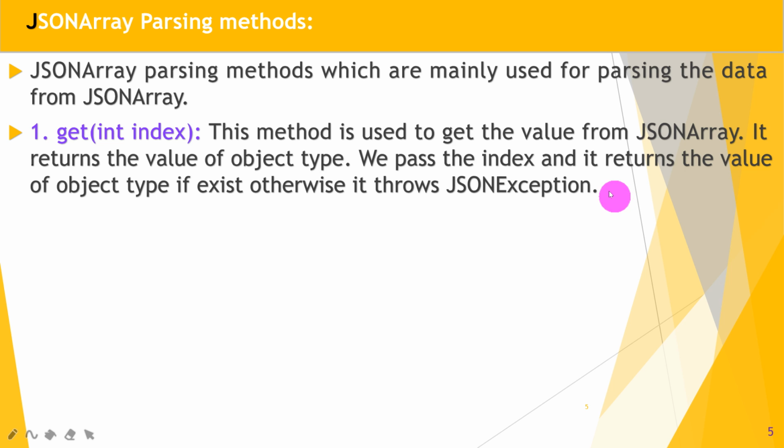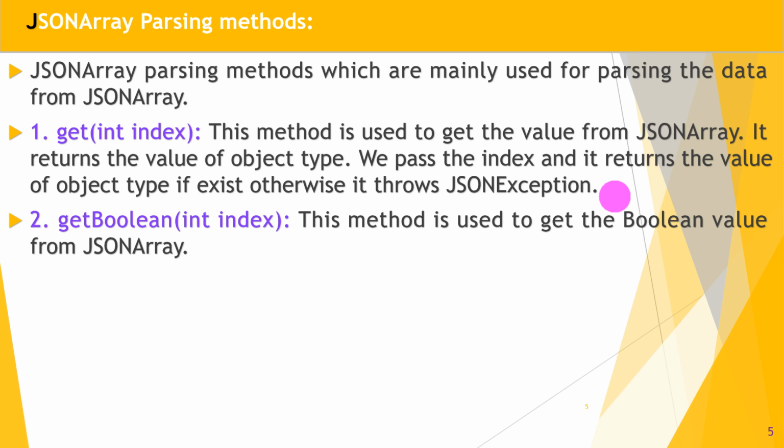Guys, hope you understand this part. Let's move to the next method. So getBoolean, pass the integer index, and that returns the JSON object at that index location in boolean format. So this method is used to get boolean value. This is common, that is get method, getBoolean, getInt, getDouble.